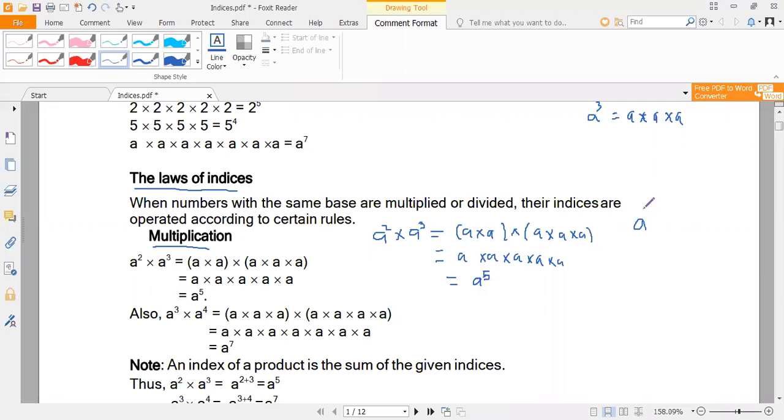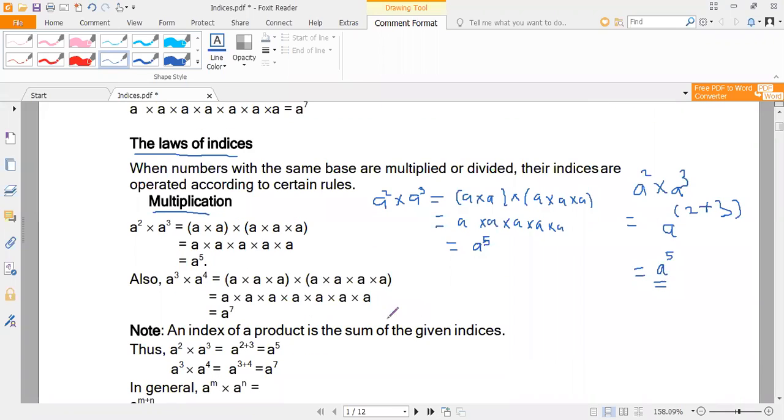So a squared multiplied by a cubed: we maintain the a and add the powers, 2 plus 3, such that the final answer is a to the power of 5. This is what we do according to the laws of indices.